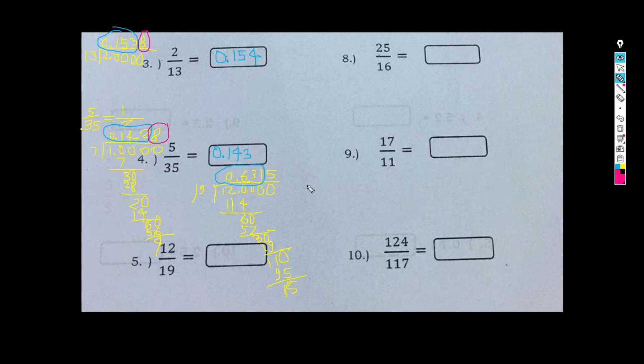The digit beside is 5, which is more than 4. Therefore, we need to increase the number 1 into 2, so the answer is 0.632.